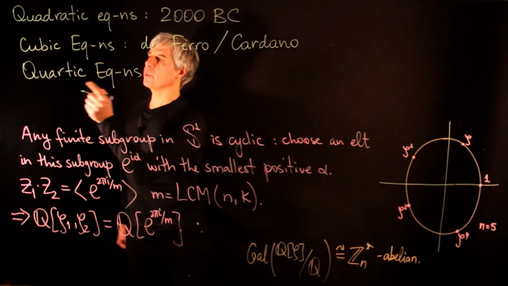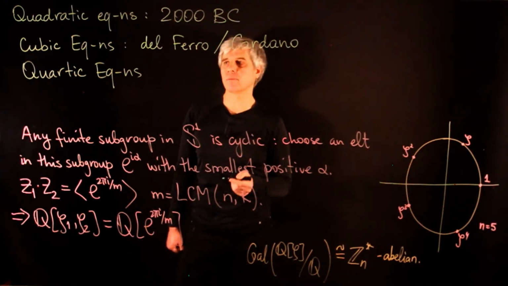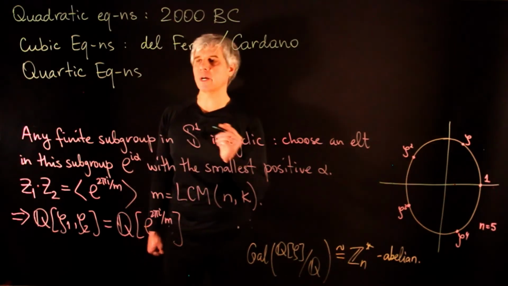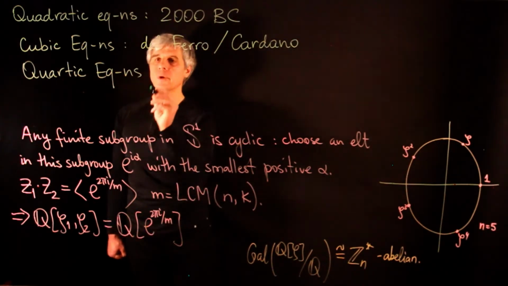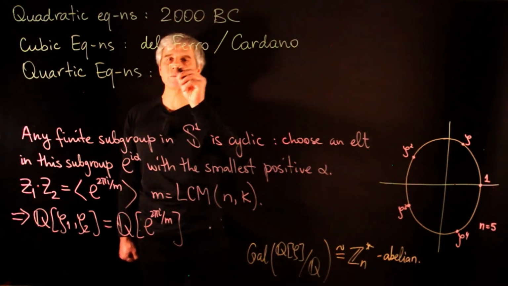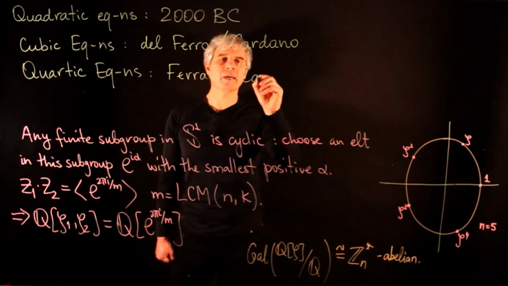And for quartic equations, the formula is even more complicated. So it is very impressive that Italian mathematicians were able to find these formulas. For quartic equations, this formula was found by a student of Cardano, Ferrari, and again published by Cardano.